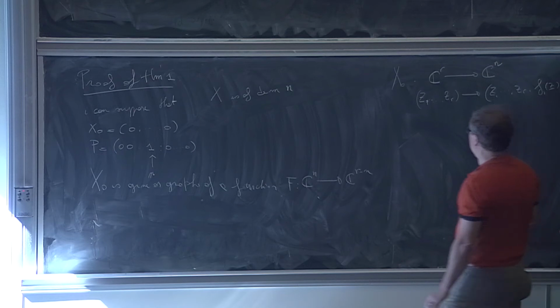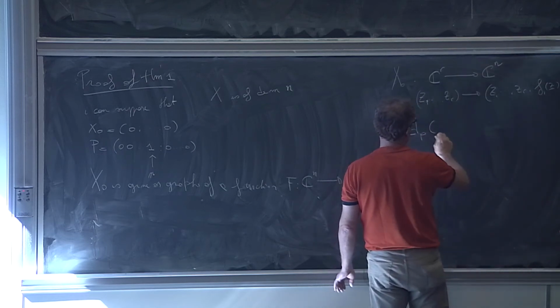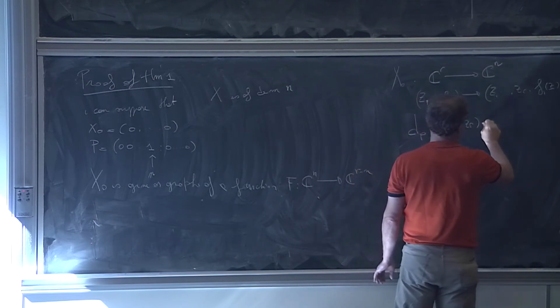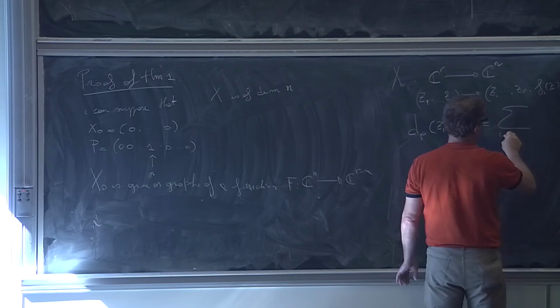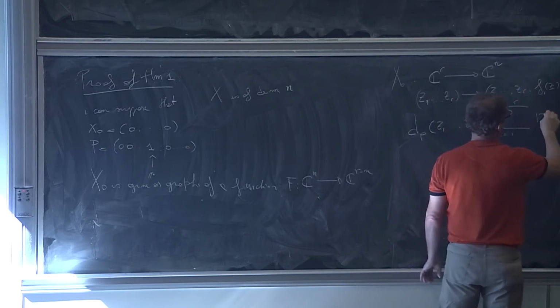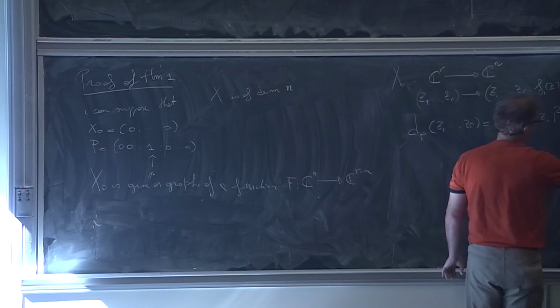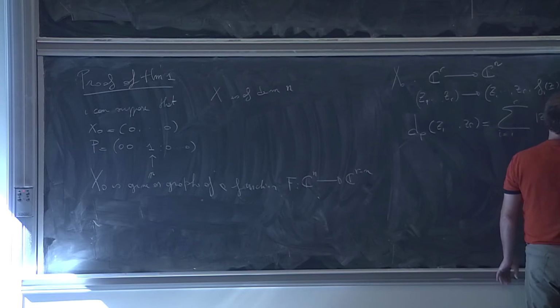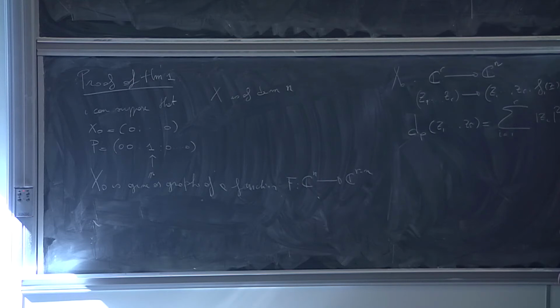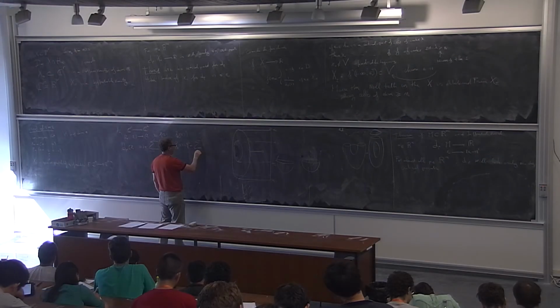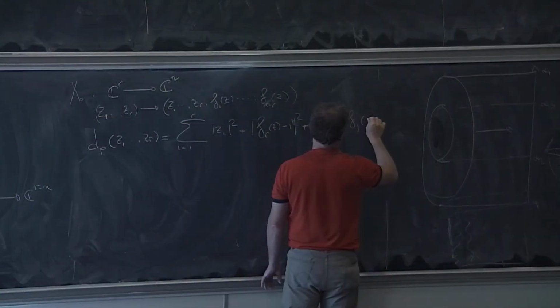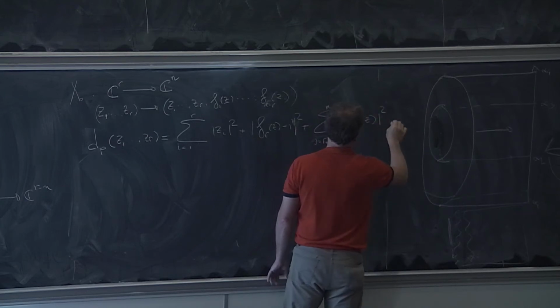And the distance squared from P of z1, ..., zr is given by the sum from i equals 1 to r of |zi|^2, plus |fr of z − 1|^2, plus the sum for j from r+1 to n of |fj of z|^2.